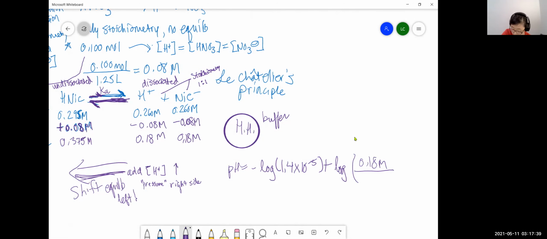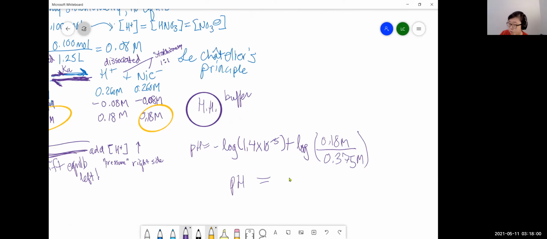So we're just dividing this guy by this guy, because we do conjugate base over acid, and we get a pH of 4.53.